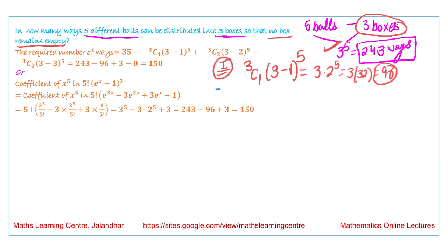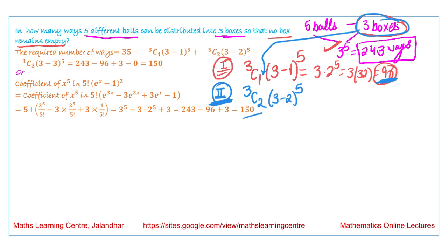Now we are talking about the case when 2 of them are empty. So out of these cases we have to remove that. If 2 of them are empty, we are choosing 2 boxes out of these 3 boxes to be empty, and the number of cases we are left with is 3 minus 2 raised to the power 5, because in one box all the 5 balls are to be placed.